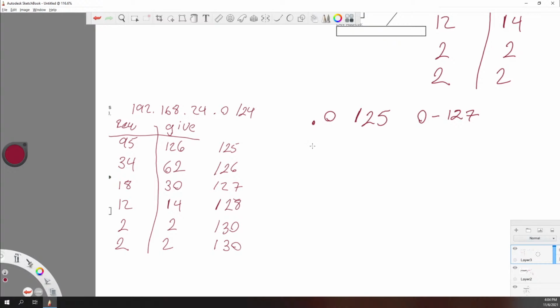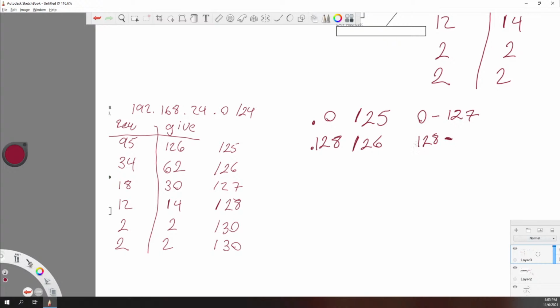So our next network, like I said, starts at 128 since we're borrowing that. And this, as I said, needs to be a /26. Well, for a /26, our magic number is what? Instead of being 128, it's going to be 64. So this network runs from 128.